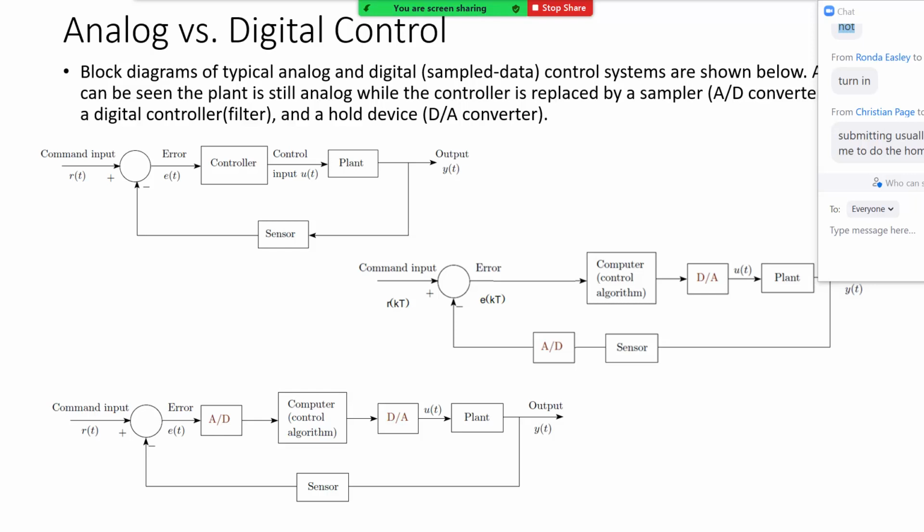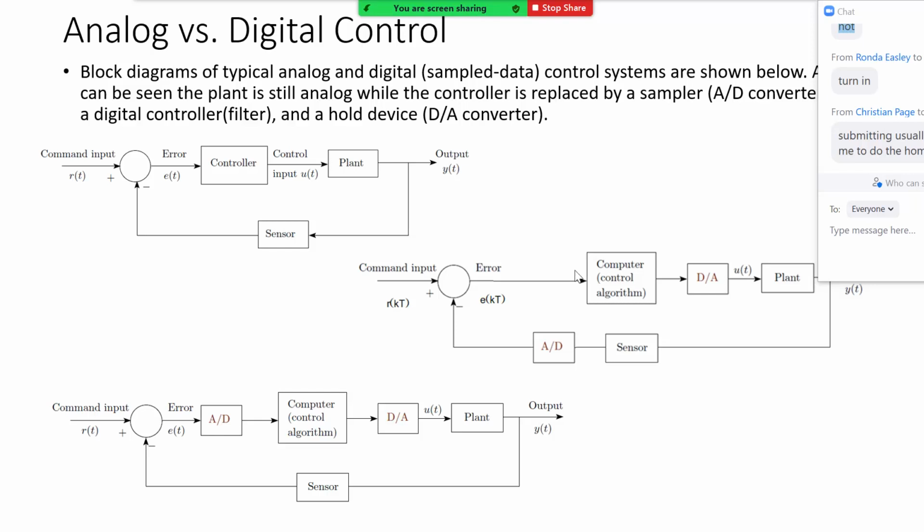We can have an active circuit or a passive circuit. We might have an op-amp to generate whatever transfer function of the controller is. And now what we're going to be doing is implementing that controller using the computer. And therefore, we're going to be implementing a digital controller.